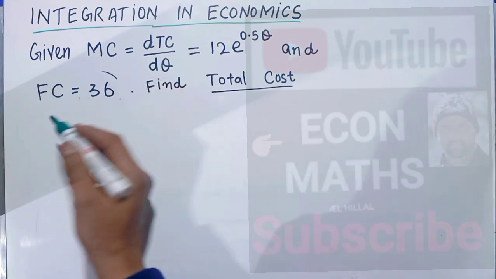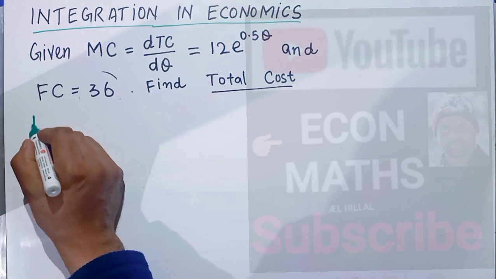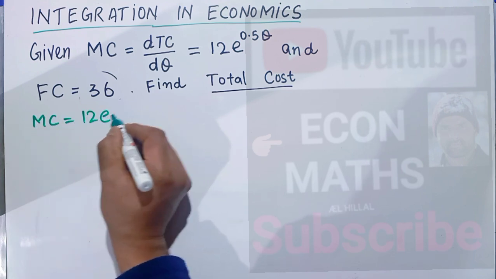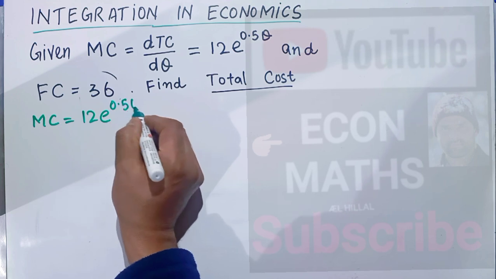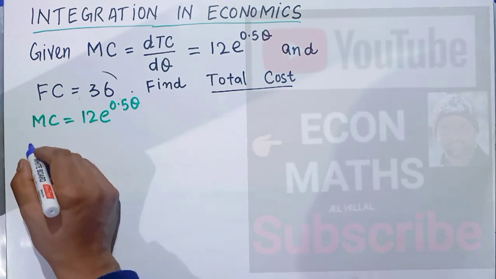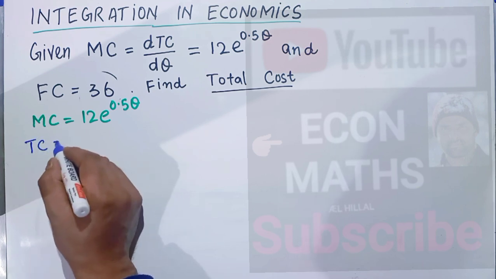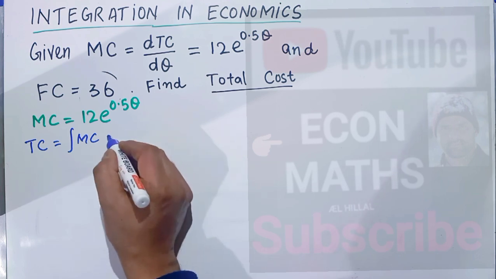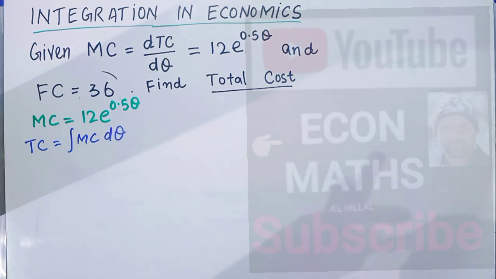So actually we are being told that our marginal cost is equal to 12 e to the power 0.5q. Now total cost is simply, and let me write it here, total cost is simply the integral of marginal cost with respect to output.